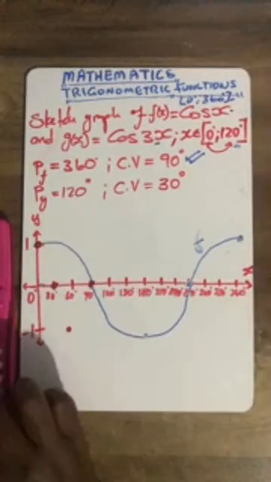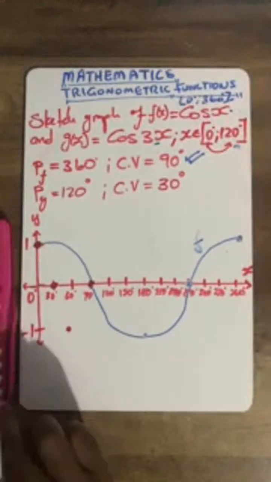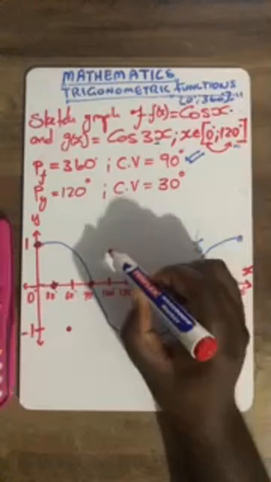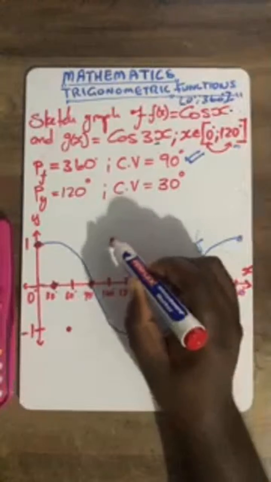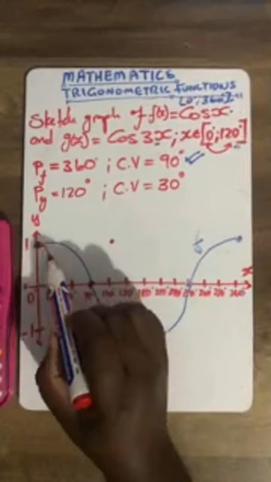And then you go to 120, and then it gives you a 1. So now that would mean this is what you are having for this one.